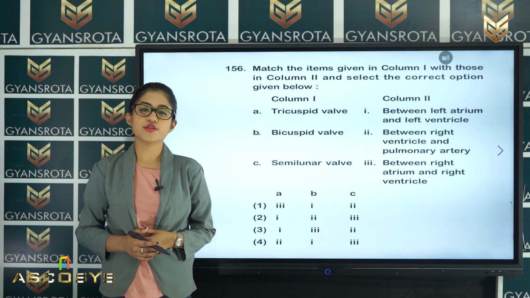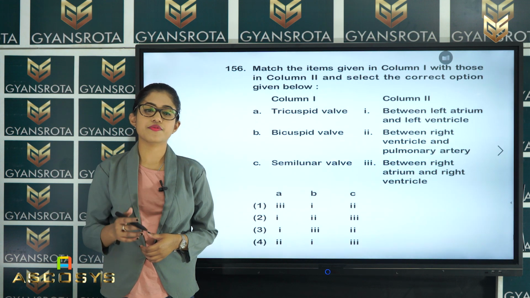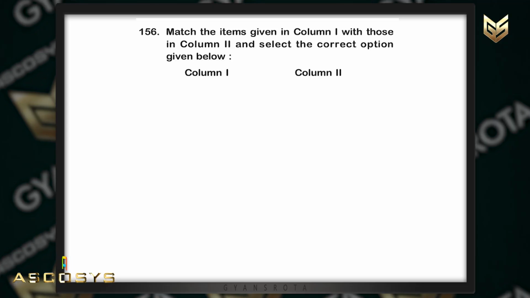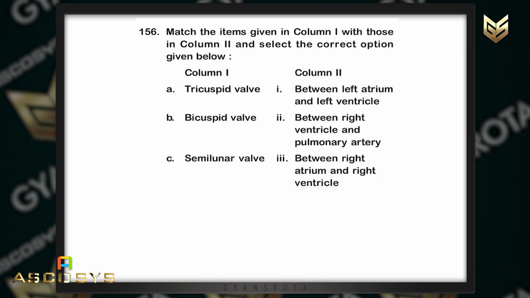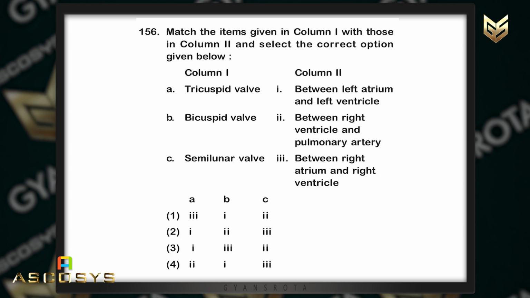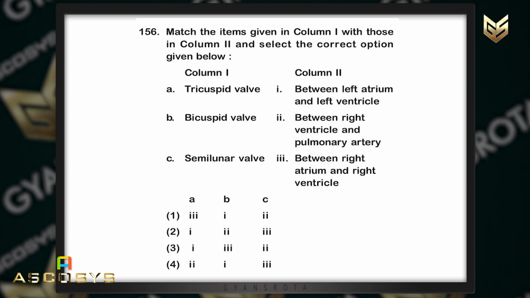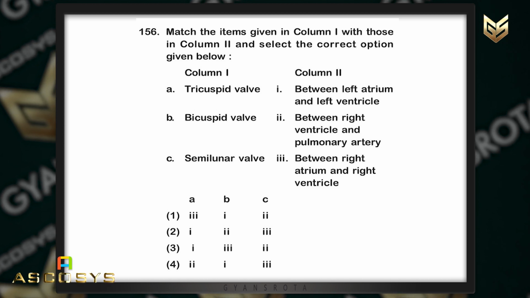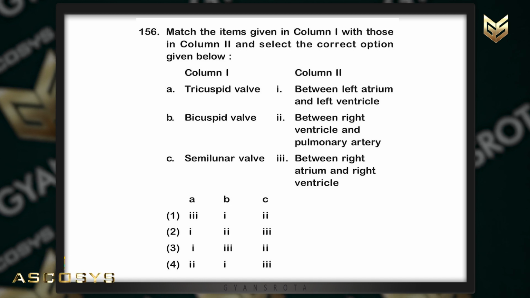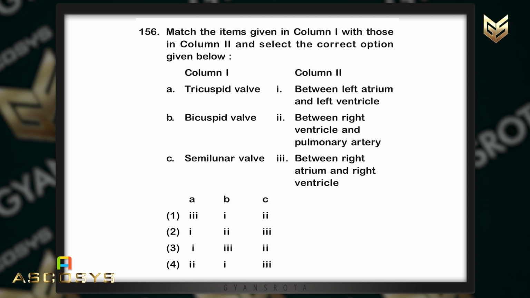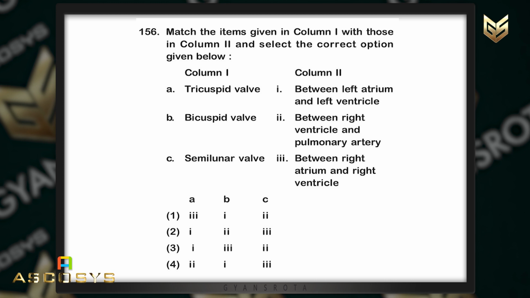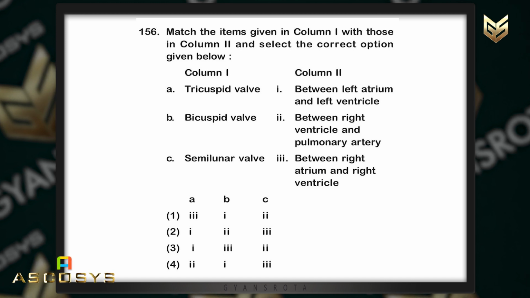Now in the next question, as you can see here, question number 156. Match the items given in column 1 with those in column 2 and select the correct option given below. In column 1 it is given tricuspid valve, then bicuspid valve and the semilunar valve, and we have to match this with column 2, which are given: between the left atrium and left ventricle, between right ventricle and the pulmonary artery, or between the right atrium and right ventricle.